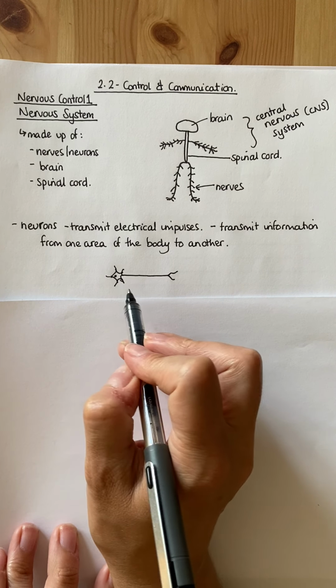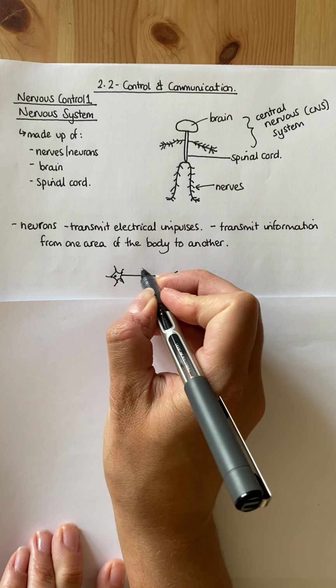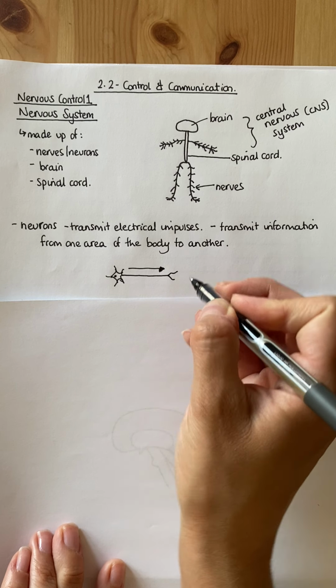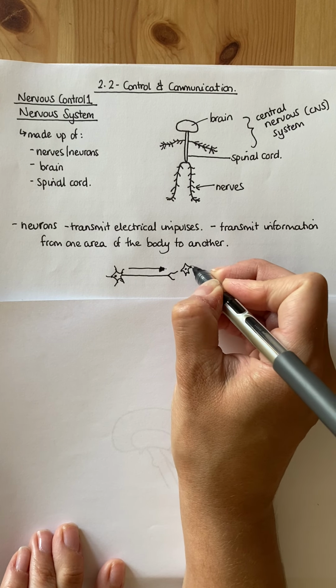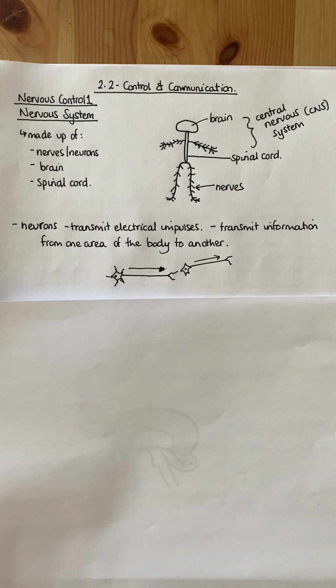So these neurons will receive impulses or information, and will send these impulses along that big projection, and then connect to another neuron, and that will then go on and send that impulse along. So it allows one area, like the end of your finger, to connect to another area in your brain just by sending impulses from one neuron along to the next, along to the next.